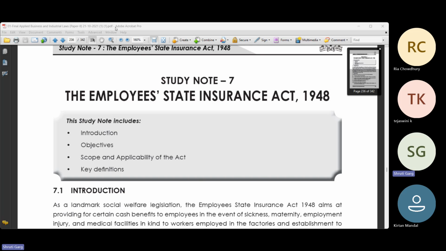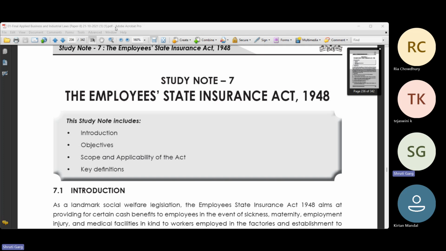This industrial law is basically to protect the labor, to protect the workers, to protect the employee from some mishappening, and for future protection like gratuity, right? Bonus is the reward for the extra work, you know? And provident fund, basically it is like a saving account.